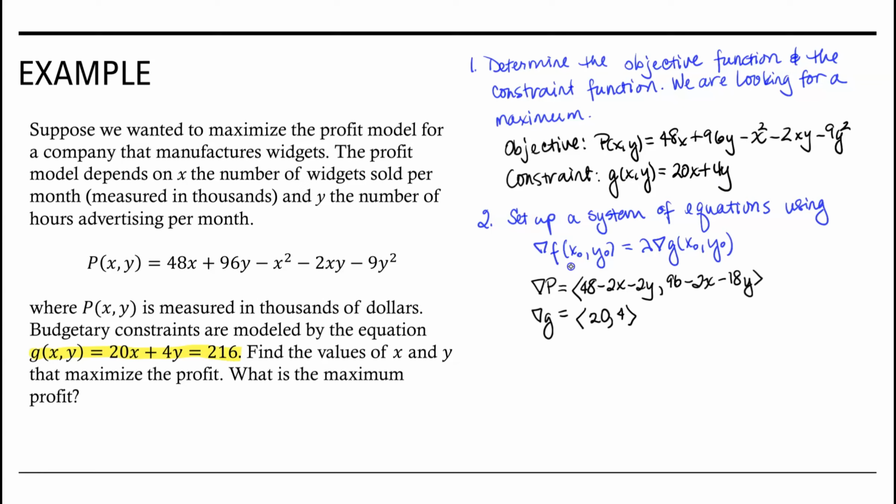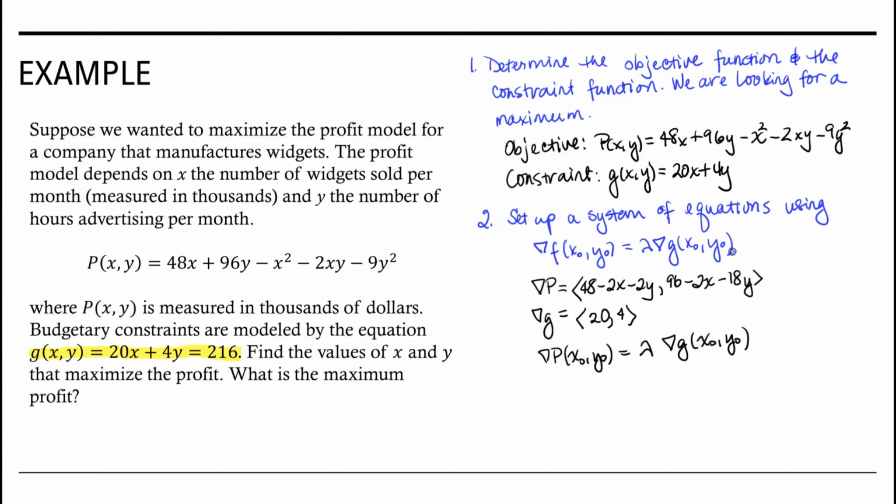Now we want to set up this system. So we want the gradient of p at the point x naught, y naught equal to lambda times the gradient of g at x naught, y naught.